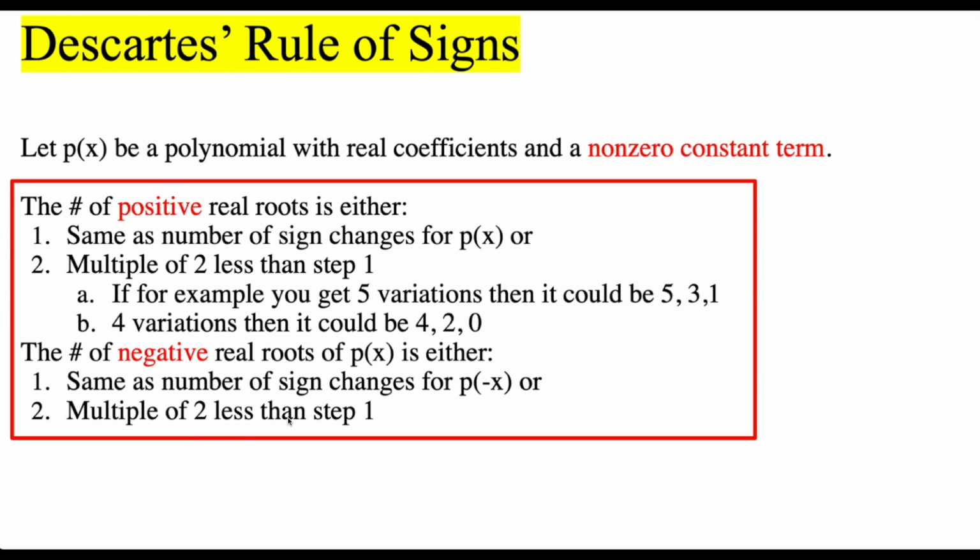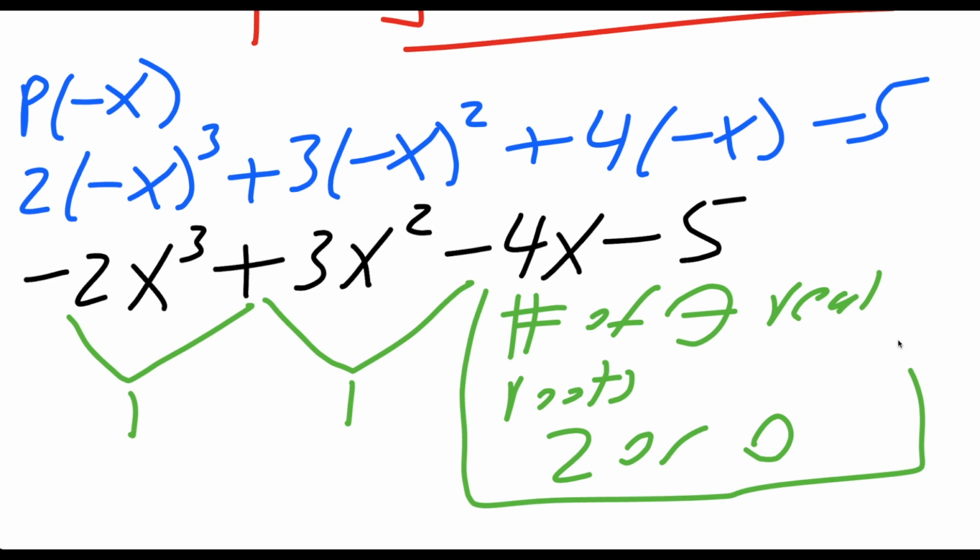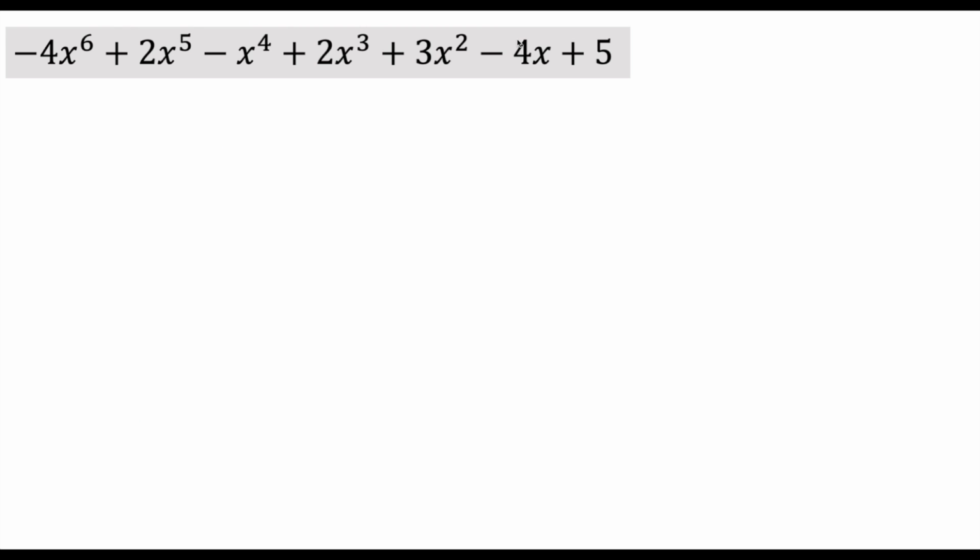So you can have 2, and then you can subtract 2 and you would get 0. So, or 0. And this right here is our final answer. So again, using Descartes' rule of signs, we came up with 1 positive real root and 2 or 0 negative real roots.